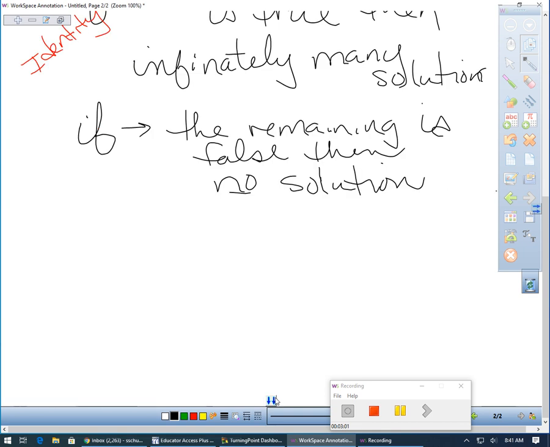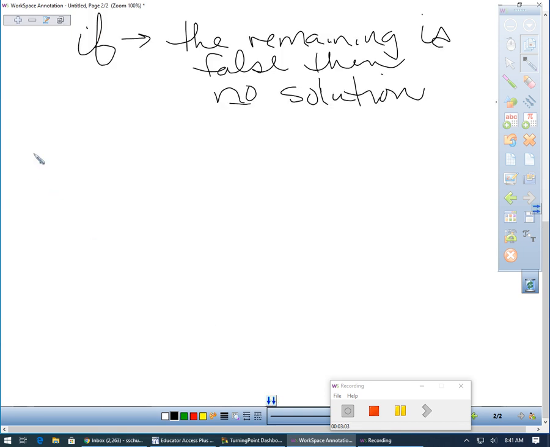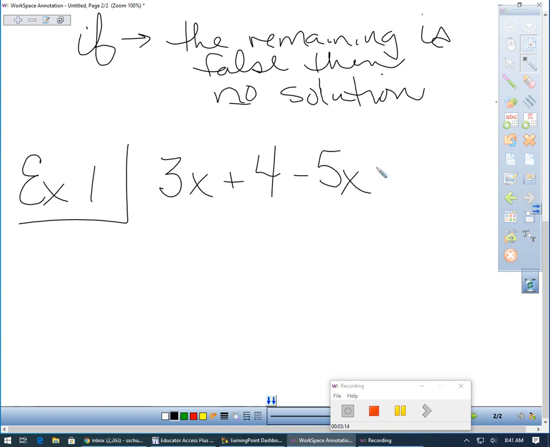Let's do an example, see if we can figure out what happens here. Example number 1. Let's say I have 3x plus 4 minus 5x equals negative 2x plus 7. All right, I'm going to draw my little line down.